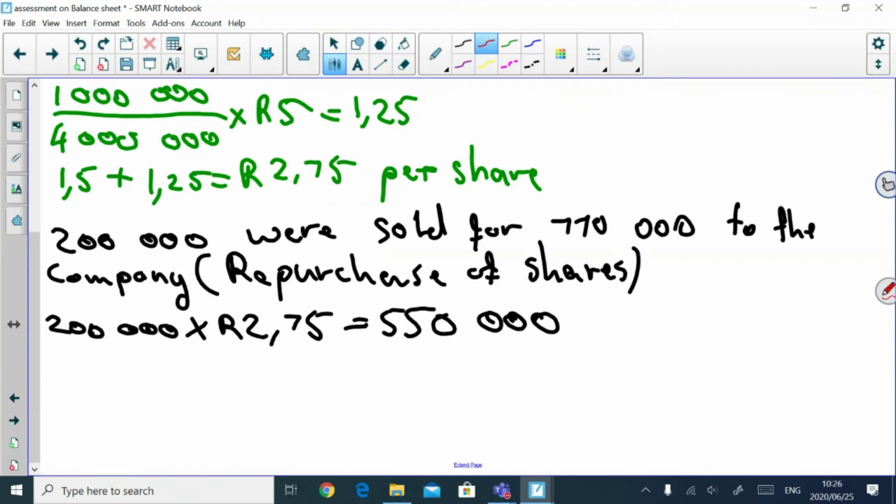Meaning that all in all, okay, let me just use another color. The company issued how many shares? It's 3 million. The first 3 million plus 1 million minus 200.